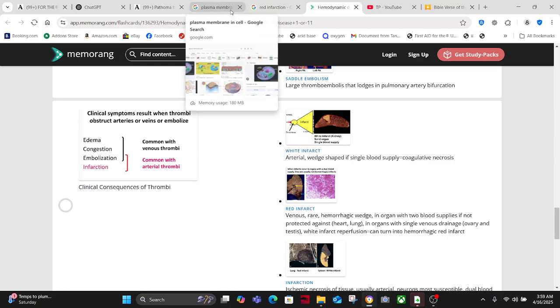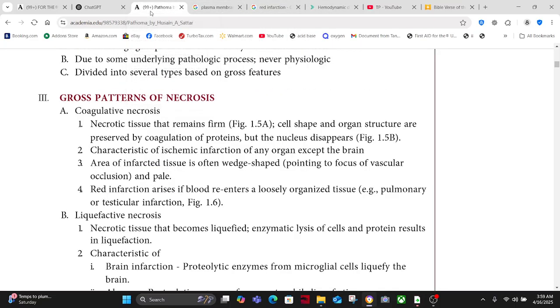Red infarction arises if blood re-enters a loosely organized tissue like the lungs or the testicle.